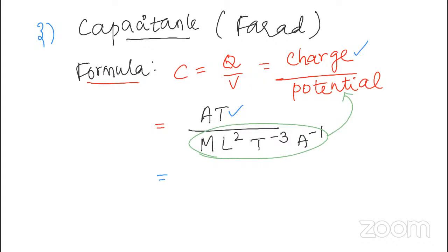Now bring everything from below to above. So M power minus 1, L power minus 2, T power 4 into A square. So this is the dimensional formula for capacitance.